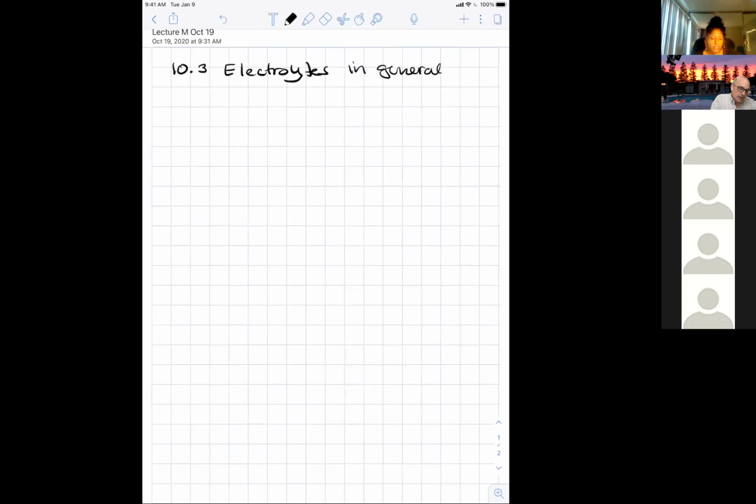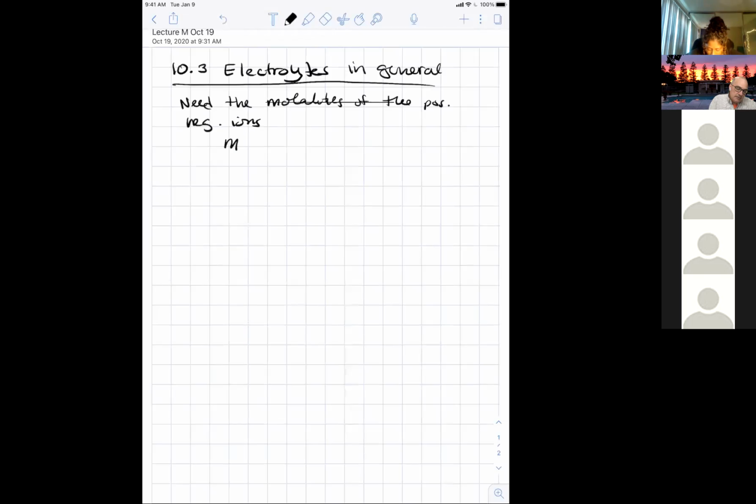So last time we talked about symmetrical electrolytes like sodium chloride or magnesium sulfate. And let's generalize now to non-symmetrical electrolytes. What we need is the molalities of the positive and negative ions. How do we get that?